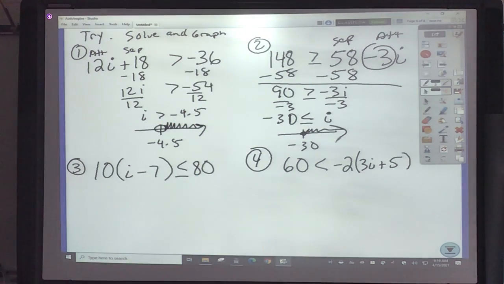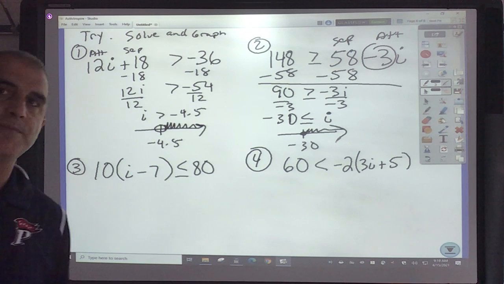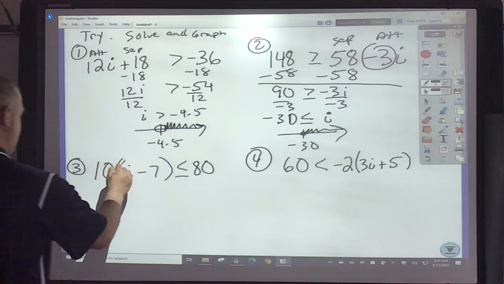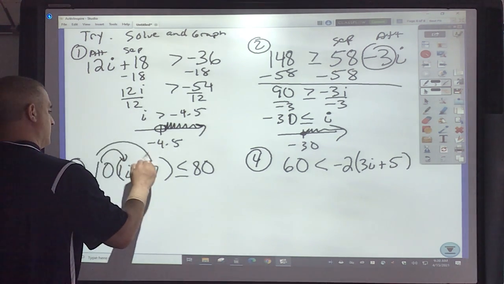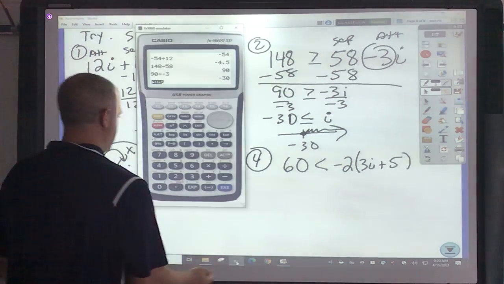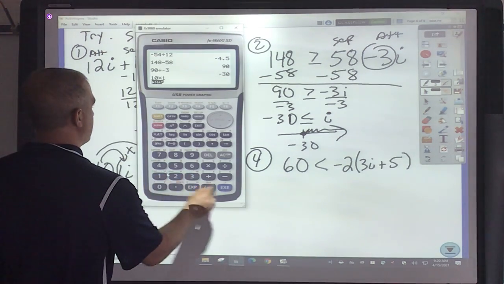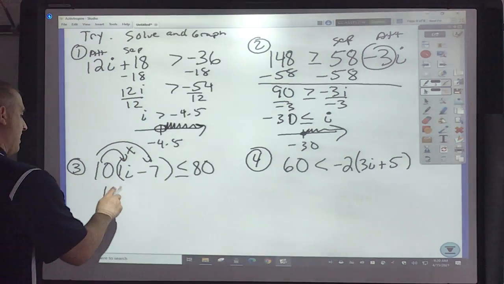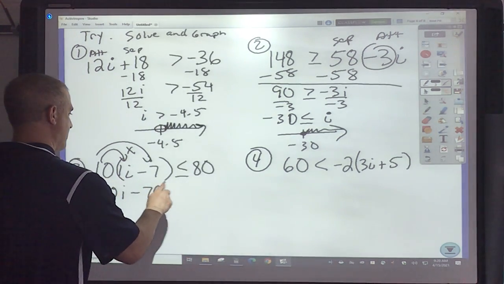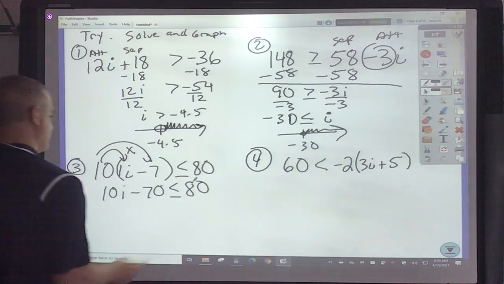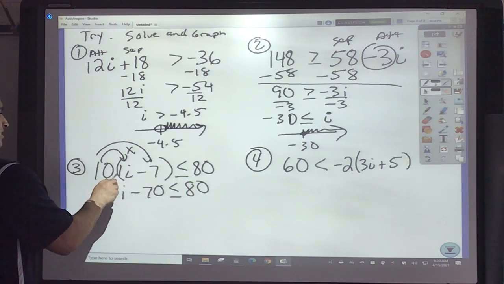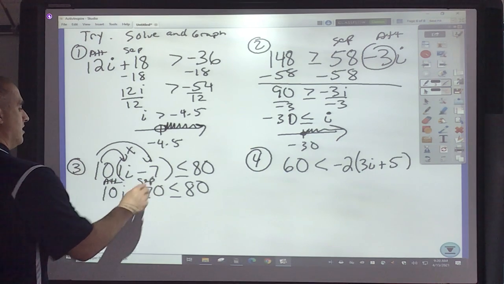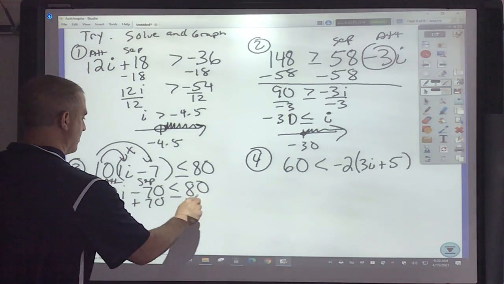Okay, all right, so now we're going to do two distributing problems. So that's a 1 here. So I want to do multiplication, 10 times 1, and 10 times negative 7. So that's going to be 10i minus 70, less than or equal to 8. Okay, this is the attached, this is the separated. So in this case, I would add 70.